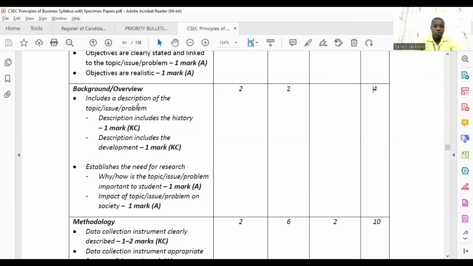So you're going to include the description of the problem, describe the history, and include the development of the problem. You're going to establish the need for research, so you're going to talk about why the problem is a problem to you, why it is important, and how it impacts society. So this is basically what the mark scheme says.